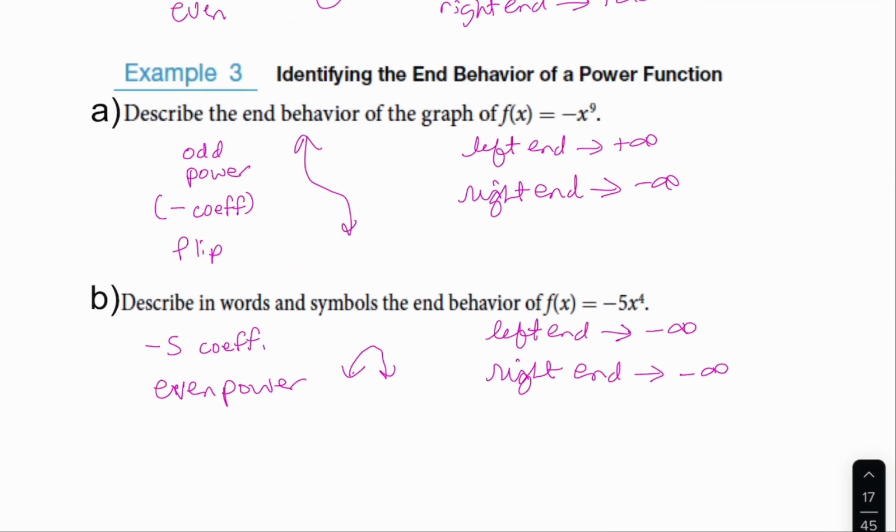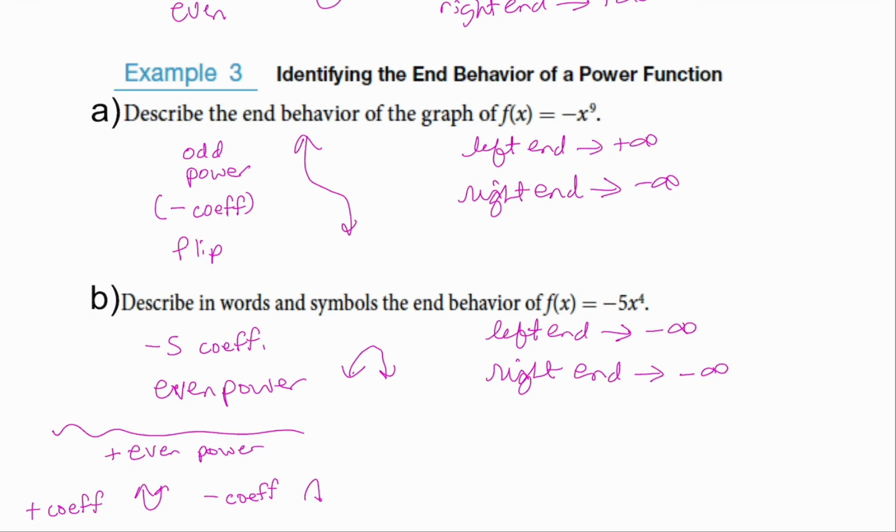So the basic summary is if we have a positive even power, if we have a positive coefficient, it's going to look like that. If we have a negative coefficient, it's going to flip upside down.